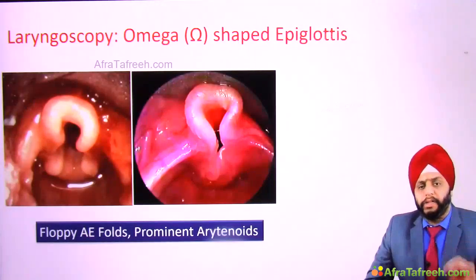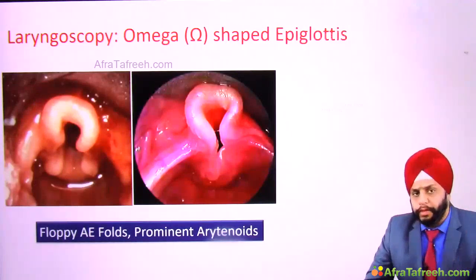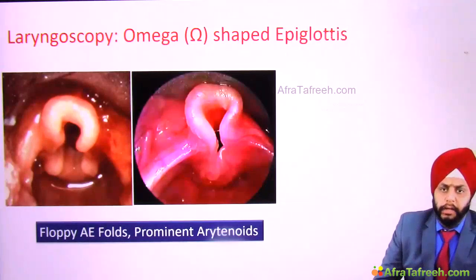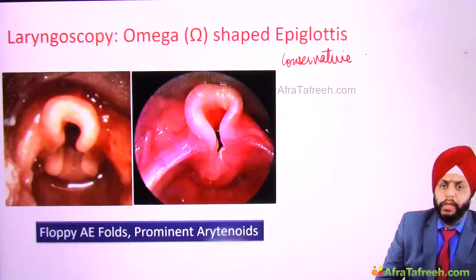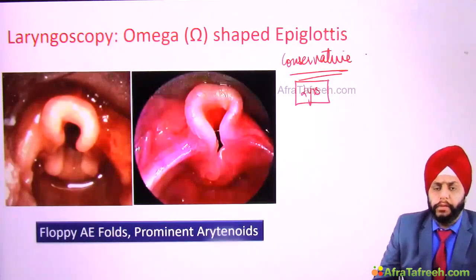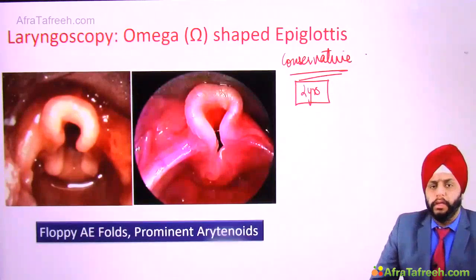So this condition disappears on its own by 2 years of age. Remember, the treatment of laryngomalacia is conservative because it disappears on its own by 2 years of age. Clear? This is a very important point, and you should note it down.